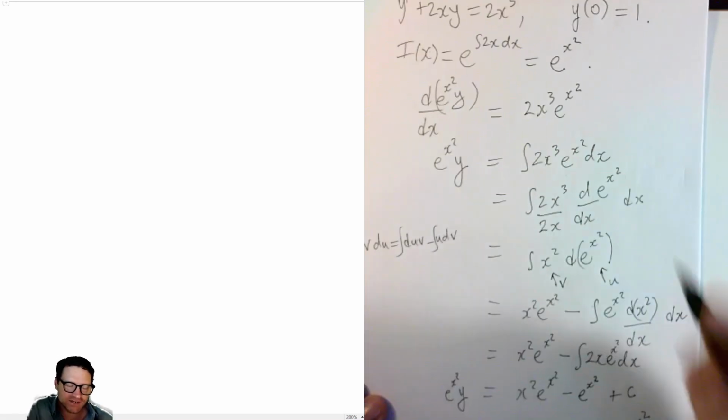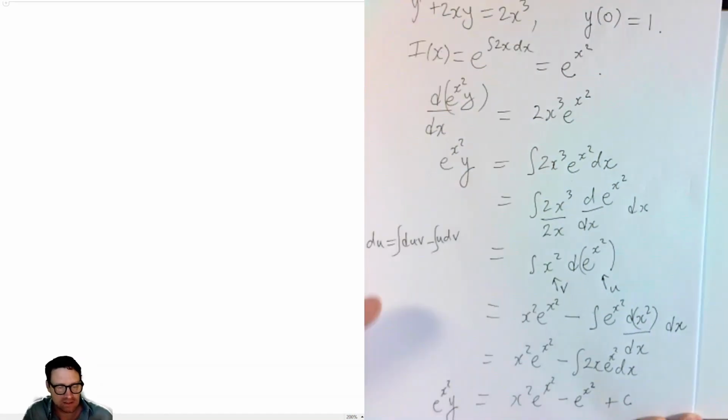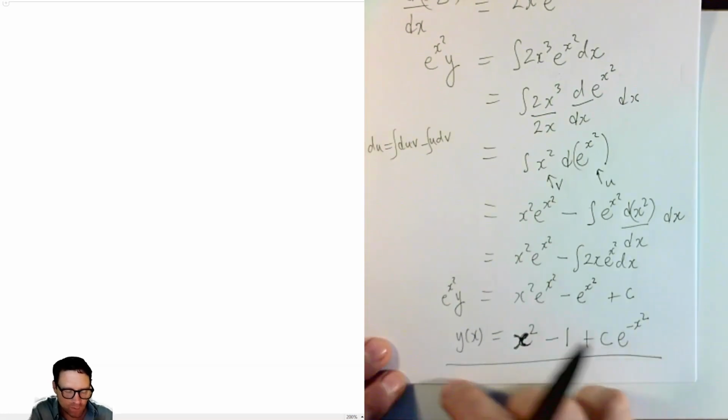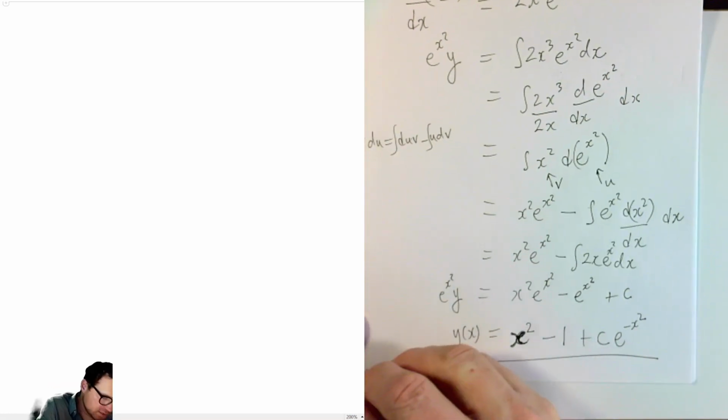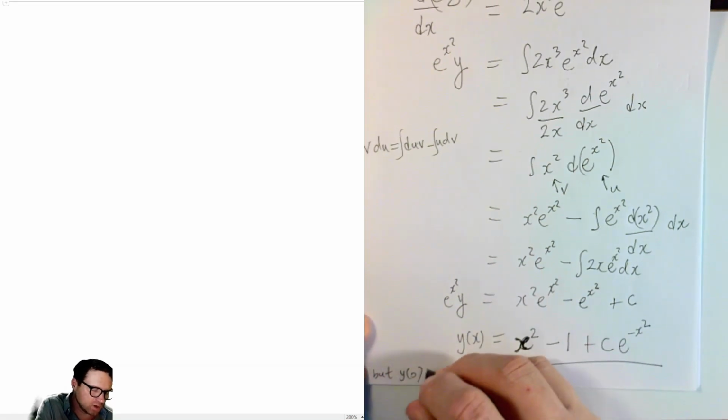But we had an initial value, so that gives us an opportunity to find the value of c. So in this little piece of paper that we have at the bottom, let's do that. So we'll say, but y of 0 is 1.